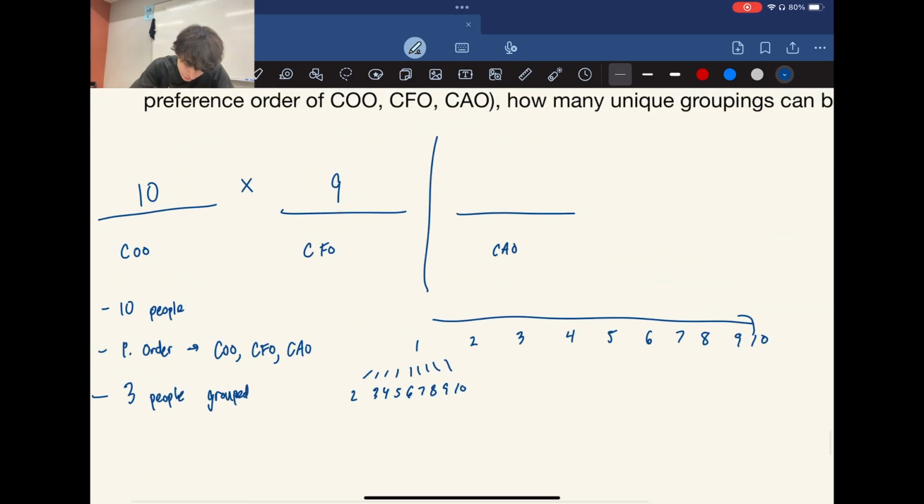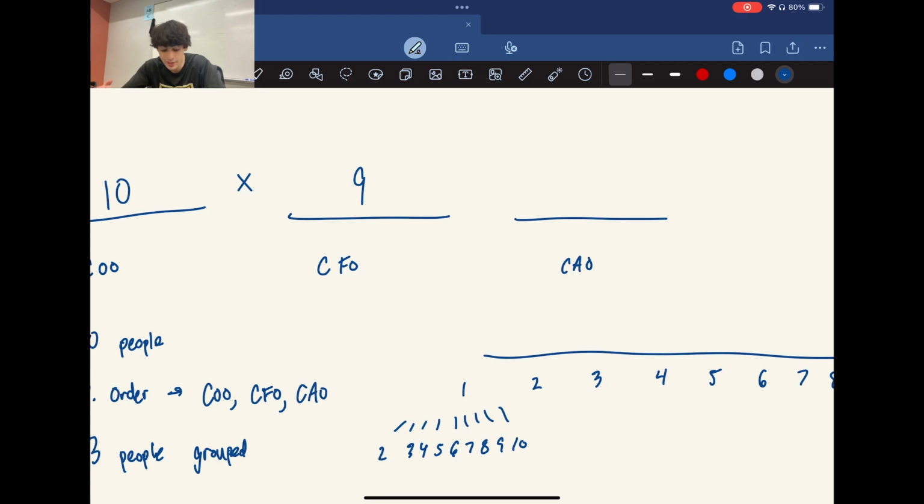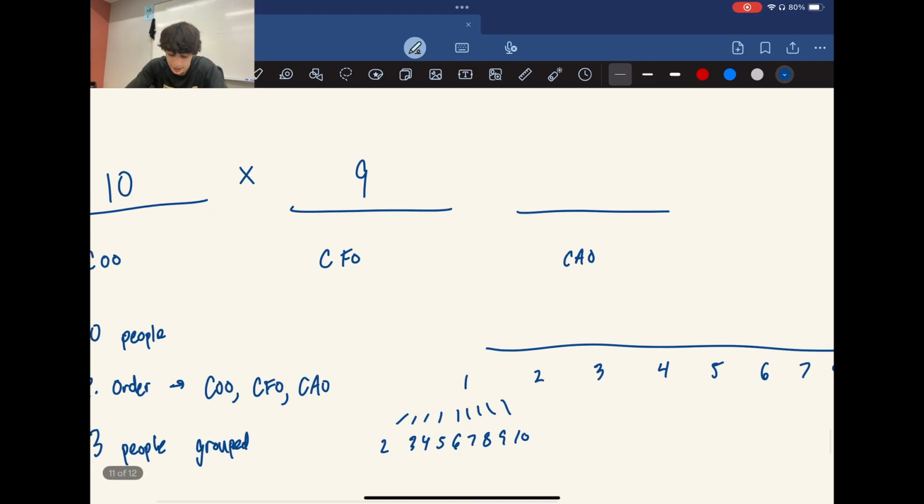So going back to our initial thought process, if 10 people got COO and then 9 people were still interested in CFO, finally 8 people would be interested in the final position, CAO.